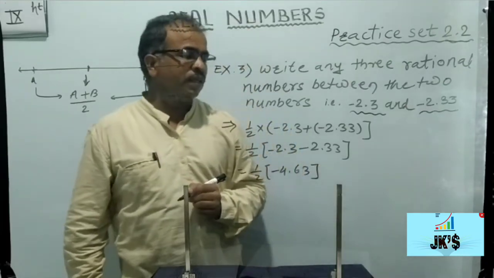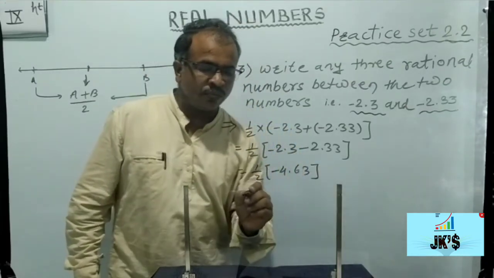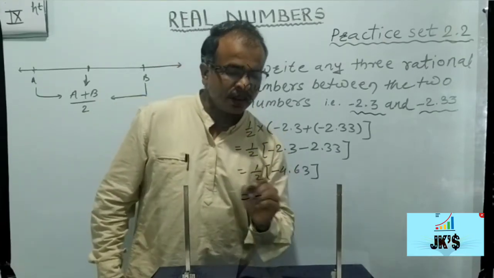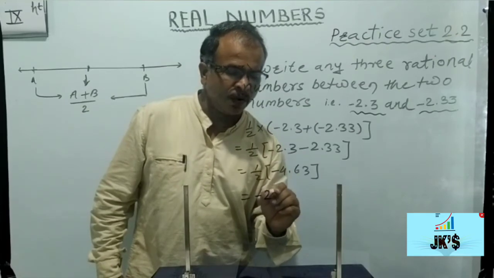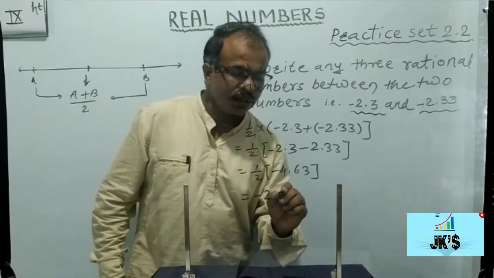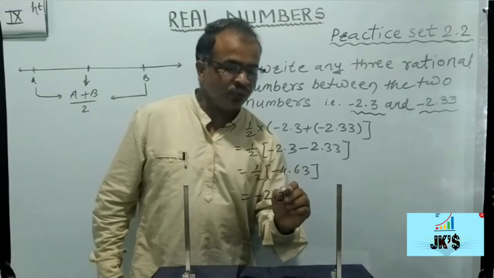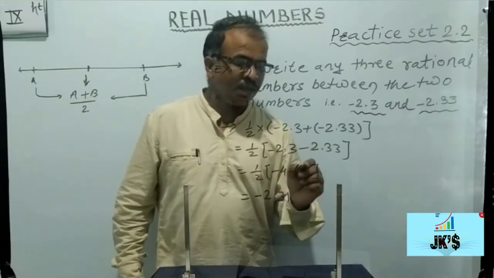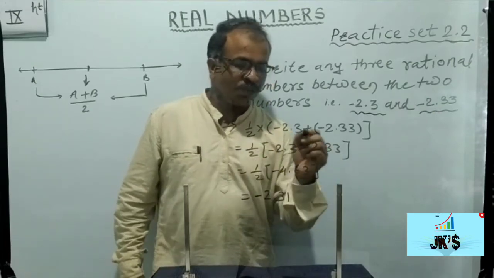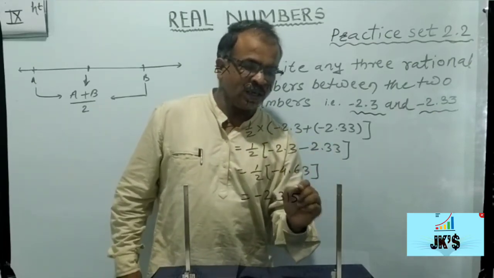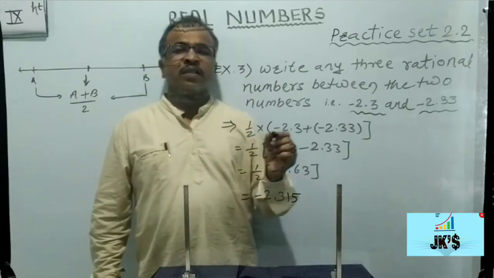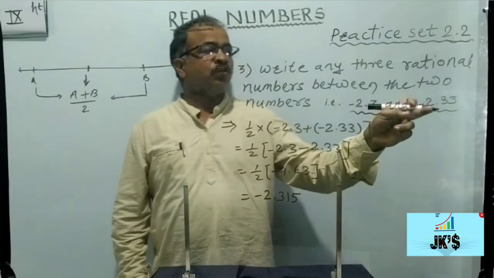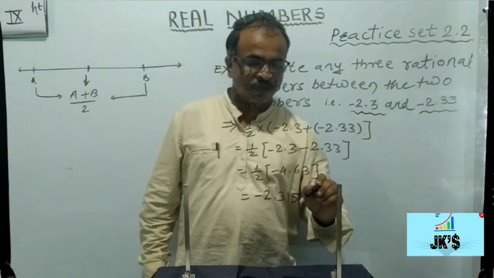When we divide by 2, minus as it is, 2 2s are 4, 2 3s are 6, 2 1s are 2, 1 remains, take 0, 10, 2 5s are 10. So the number between minus 2.3 and minus 2.33 is minus 2.315.